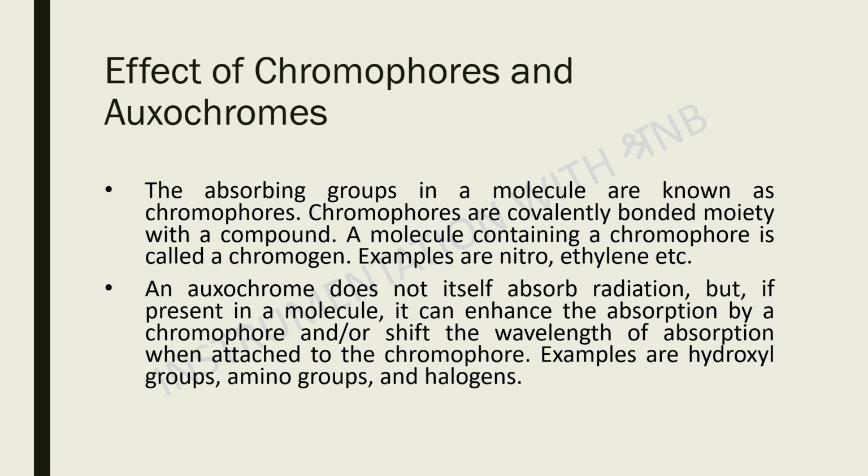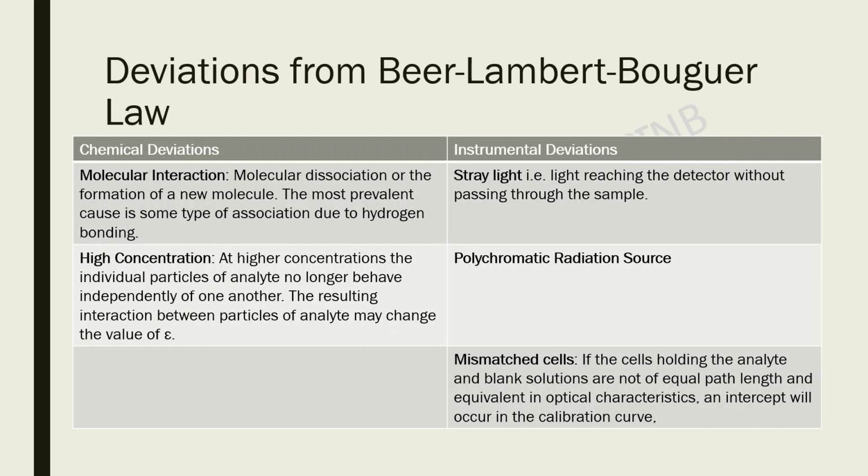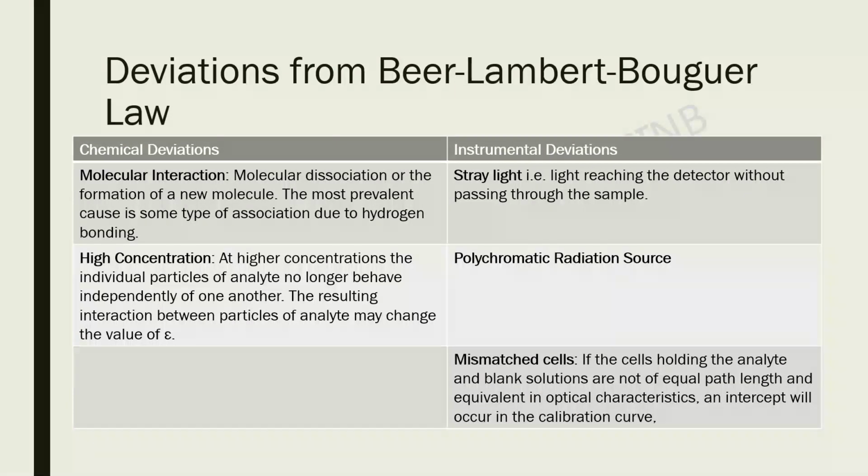Independently, an auxochrome does not influence spectral shifts. These are some examples of chromophores and their lambda max. Chromophores are added to increase the wavelength of the compound and to move the compounds towards the bathochromic shift.